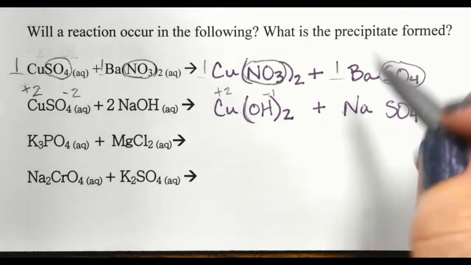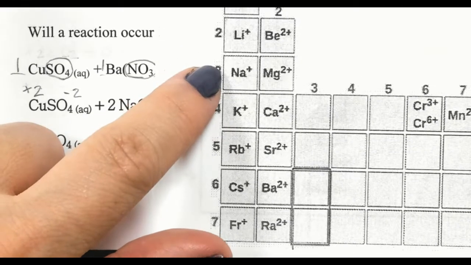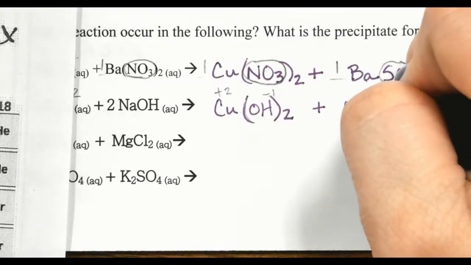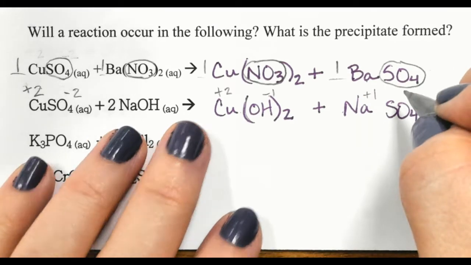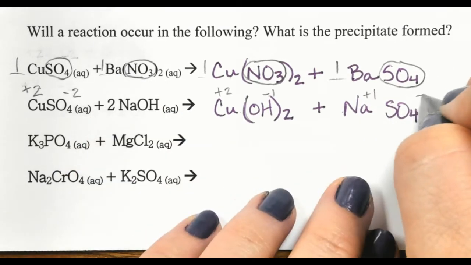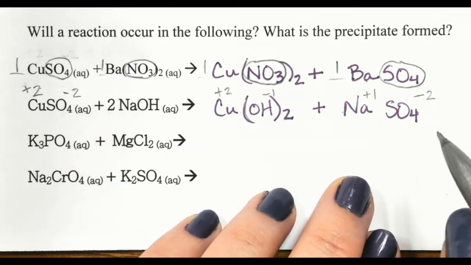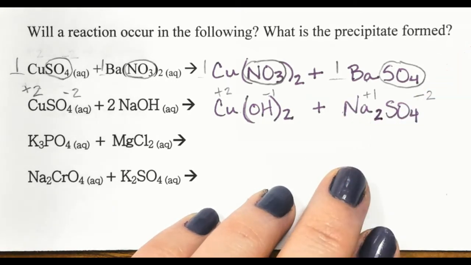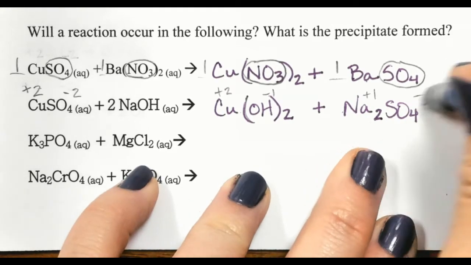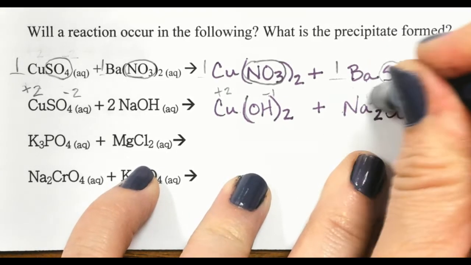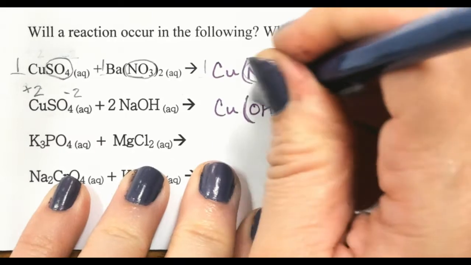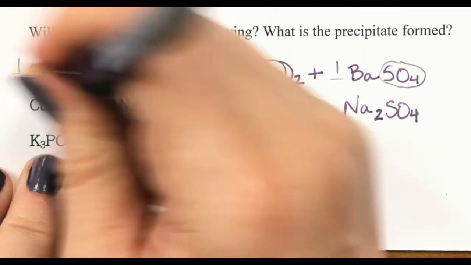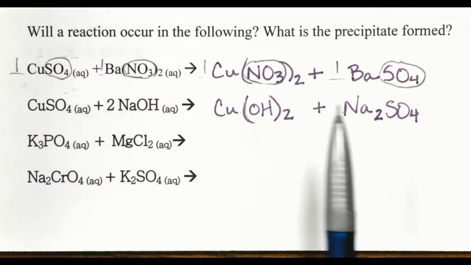Over here, sodium has a +1 charge. And we should know by now from the last problem that the sulfate, SO4, has a -2 charge. So if I crisscross, I'm going to get a subscript of 2 here. And then I can erase my charges because I don't need them anymore. I only needed them to figure out my subscripts. And so this would be my equation.